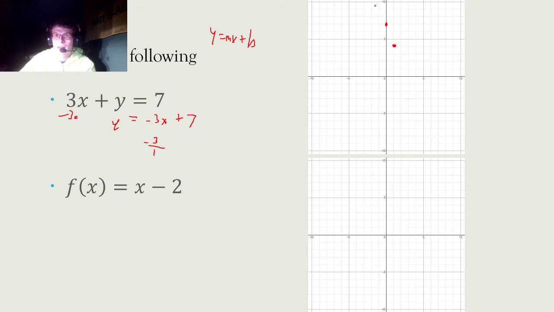And then when I have that, I can draw my line. I know my line looks pretty horrible, but it's the best I can do. What's nice about the second one is that it's already in slope-intercept form. So we just have to plot our y-intercept first, which is b, negative 2. And then our slope tells us that our rise and run is up 1 over 1. And then we graph.